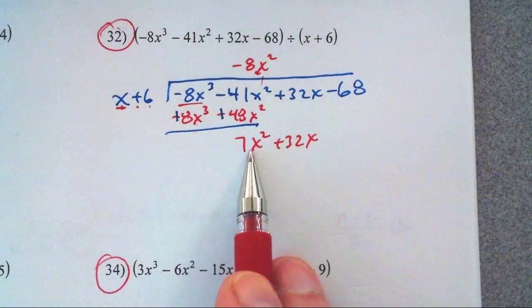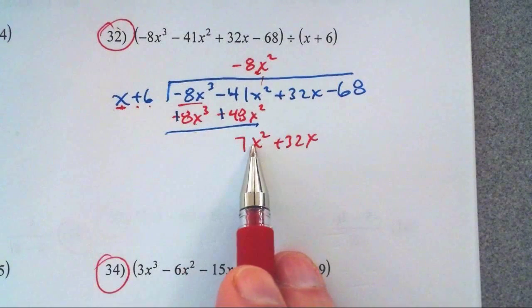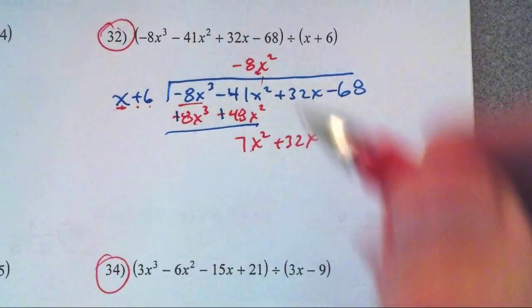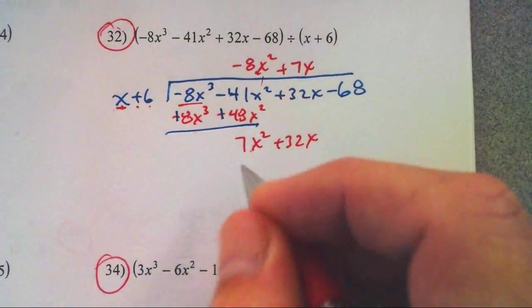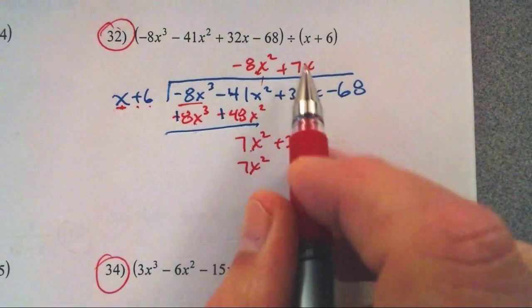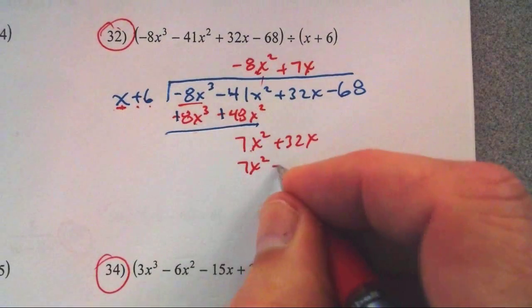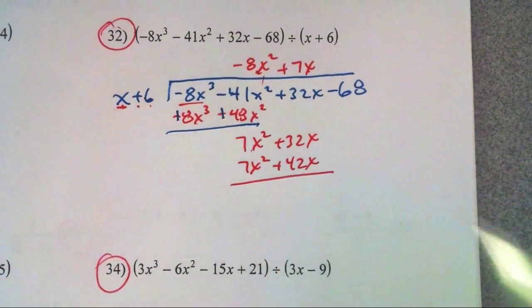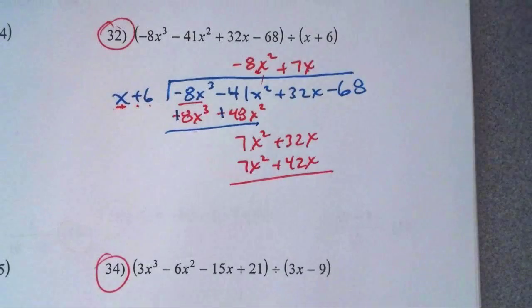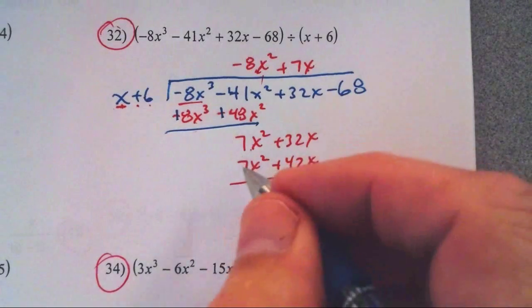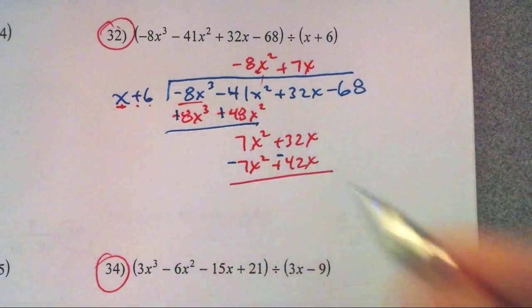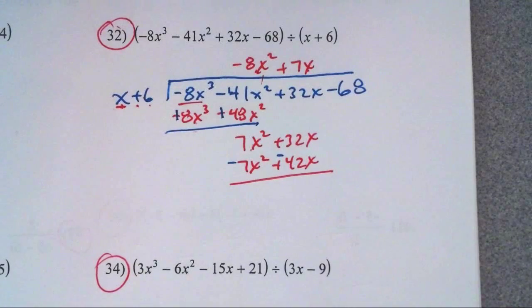X, what do I need to multiply by to get 7x squared? Plus 7x. I get 7x squared, and I get 7x times 6 plus 42x. But what do I do with those? Subtract them.